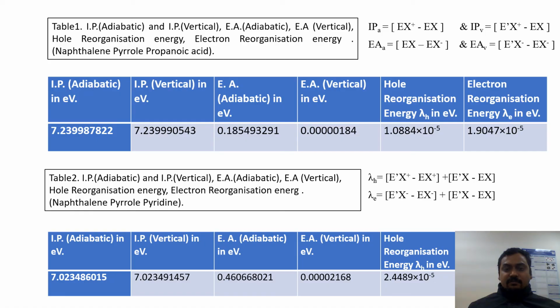Let me show the results. These are my results: if you focus on the hole reorganization energy, it is 1.08 × 10^-5, and the electron reorganization energy is 1.9 × 10^-5. So in both cases, in system first and system second, the hole reorganization energy is smaller in comparison to the electron reorganization energy.